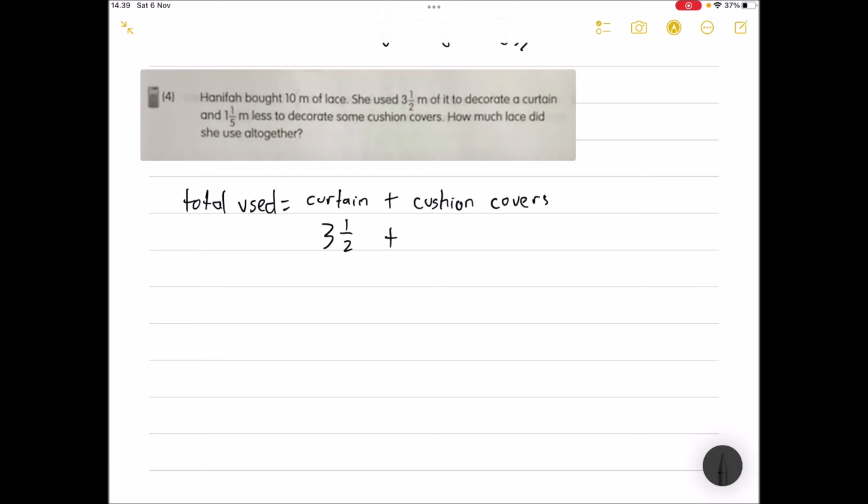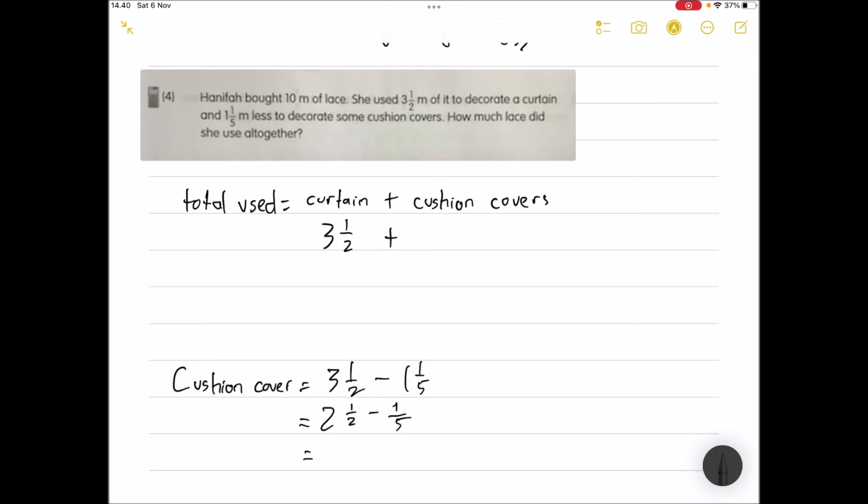So what I have to find here is I will do another counting, and I will try to find the cushion cover first. It will be 3.5. I will take away 1/5. So the same method, 3 minus 1, I have 2.5. I still have to remember to minus 1/5.